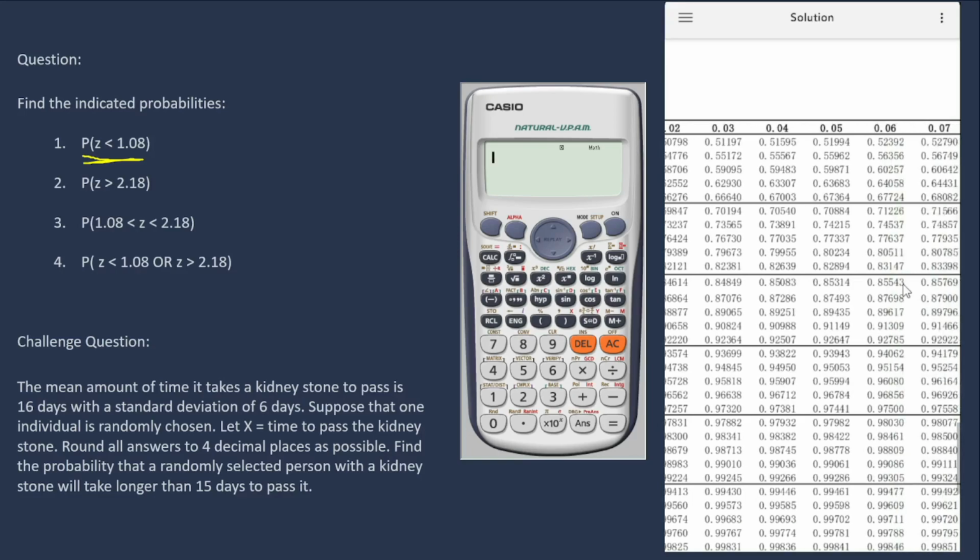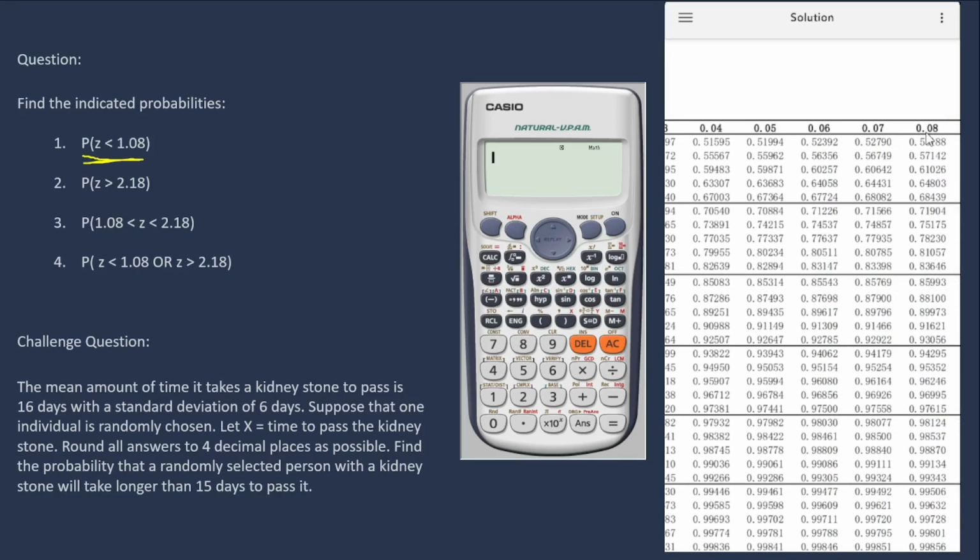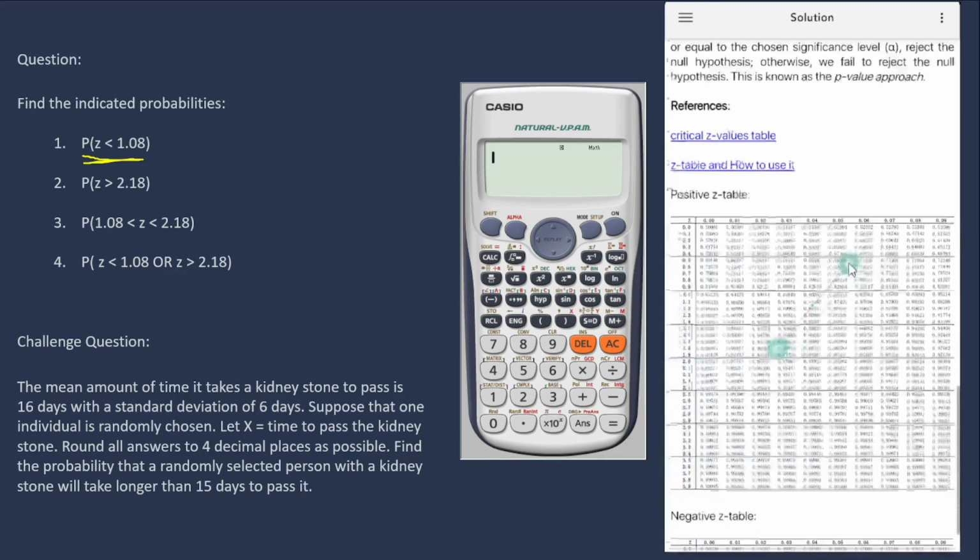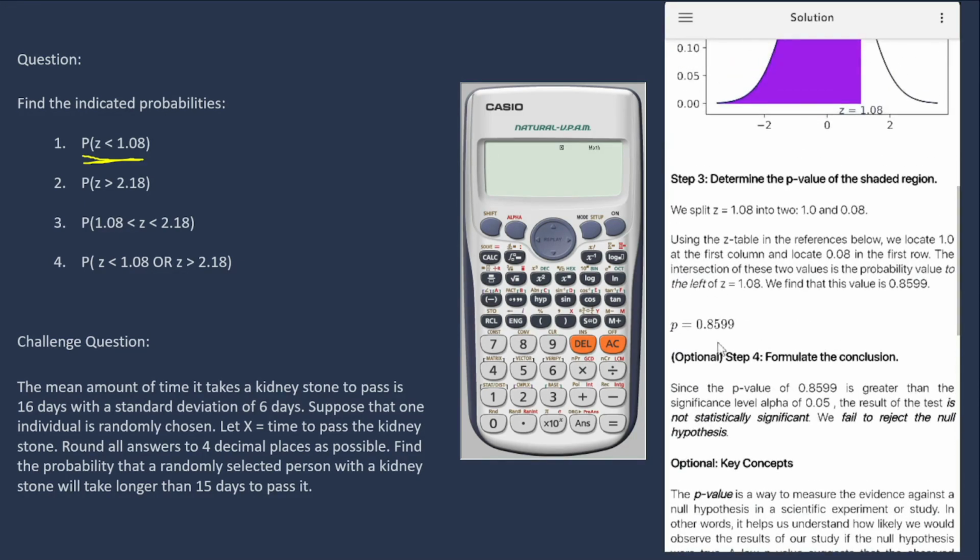So once we find 0.08, here 0.08, so this is the intersection, and this is our p-value. So going back, we have p is equal to 0.8599.